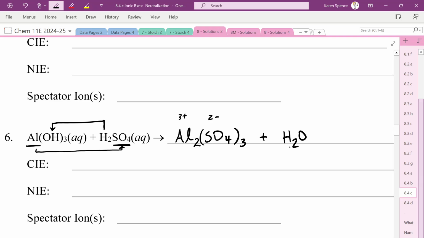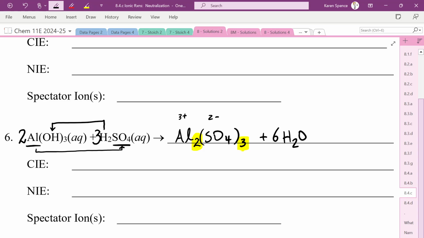Now, we have to balance this because we're not balanced. And if you remember, balance your most complicated compound first. We've got 2 Als, so let's put a 2 here. And we've got 3 SO4s, so let's put a 3 here. And if I have 6 OHs, how many waters will I make? 6 waters. I also have 6 H's, which again makes 6 waters.